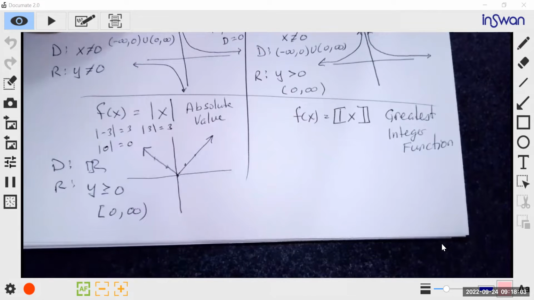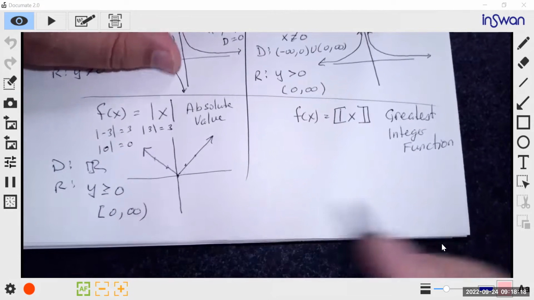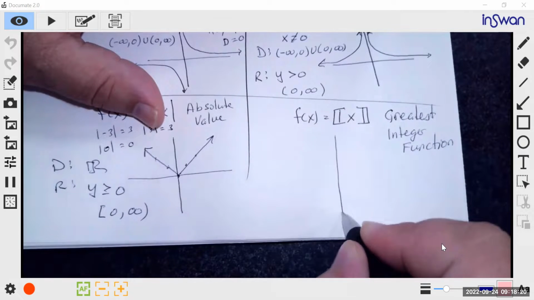In other words, it truncates the decimal values. So you always have just the number that's in front.